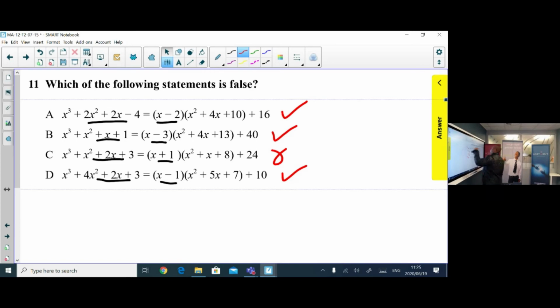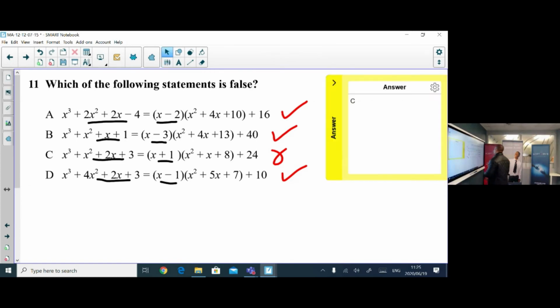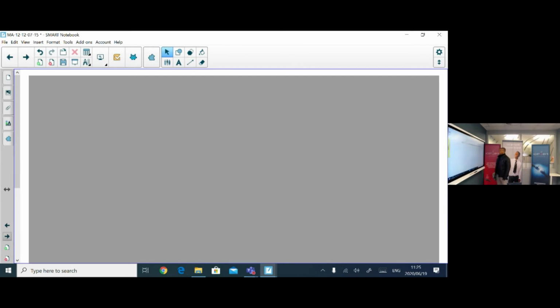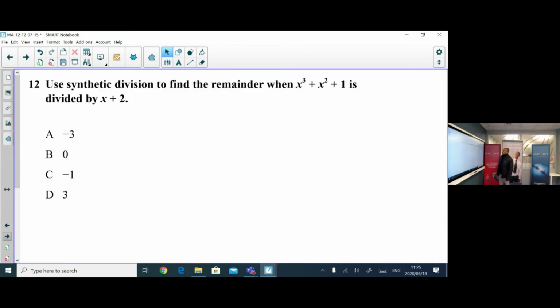So if you did everything correctly, you see that your answer is C. And I worked these mentally by looking at that, but you should actually use the long division or the synthetic method to get your solution. Okay, so your answer there is C. That's the false result.